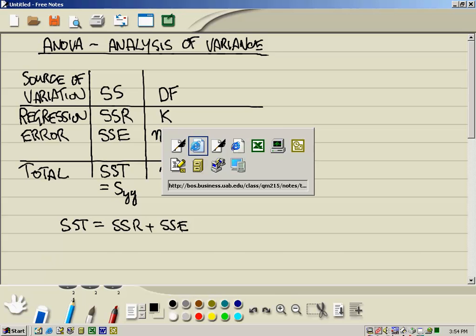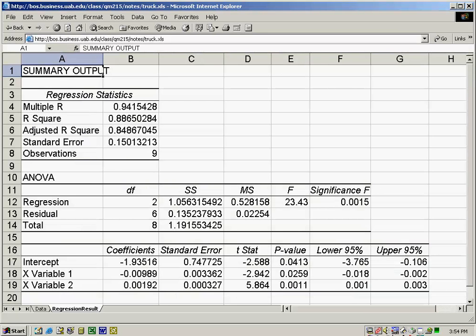Alright, so let's now go to our Excel output and look at the ANOVA, or analysis of variance table. You'll see that they've called it regression, which we did, and they've called it residual, where we call it the error sum of squares, and then they have the total sum of squares. They put their degrees of freedom column first, but the following column is the sum of squares.